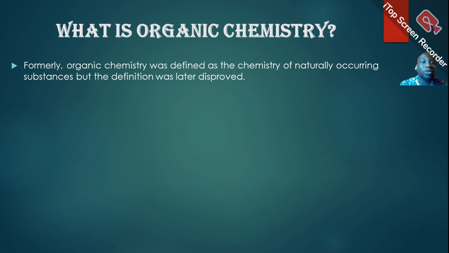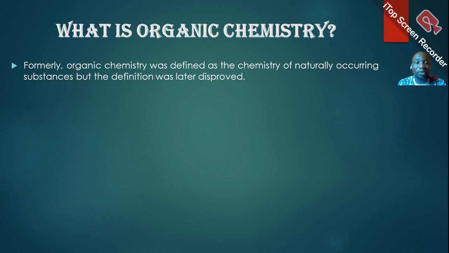There are no other sources where these substances could be obtained except from plants or animals, from living things. That's why they gave the definition naturally occurring substances. There was no way they could be produced in the lab; they could only be obtained either from plants or from animals. An example of such is urea.